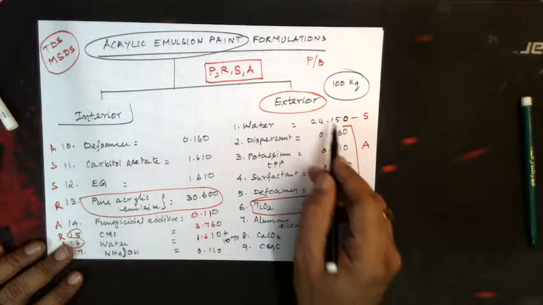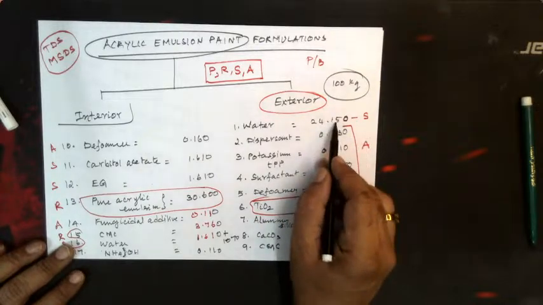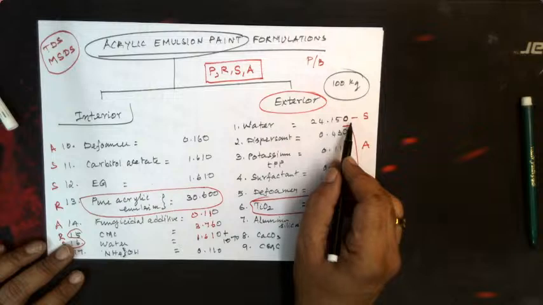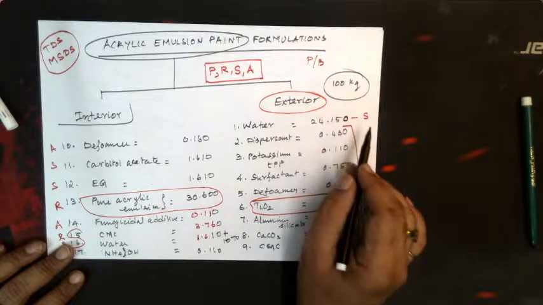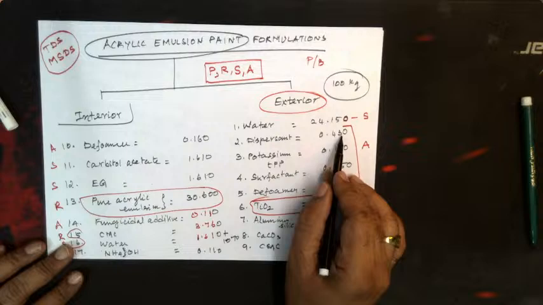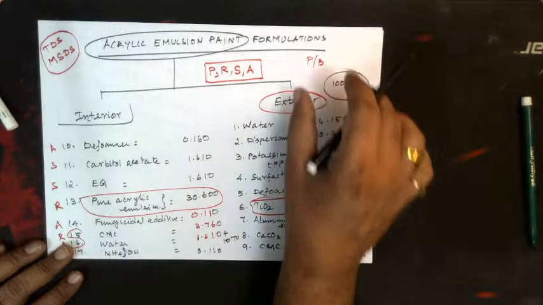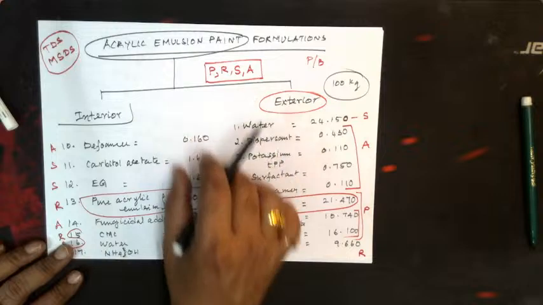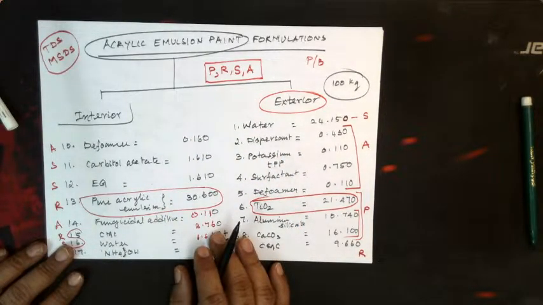Why? Because when I say 24.15, it is not 15 gram, 24 kilo 15 gram. No, this is 24 kg 150 gram. So you have to remember, when I write 0.43, it is not 43 gram, it is 430 gram. So totally 100 kg, and that is why I have taken the 3 digits decimal.